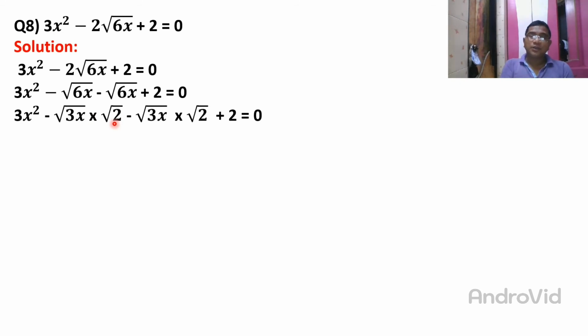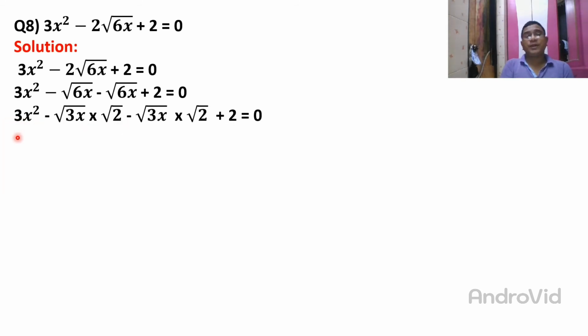Is that clear? Then minus root 6x is also factorized the same, root 3x into root 2. Then plus 2 remains as it is. This is the first term, this is the second term.